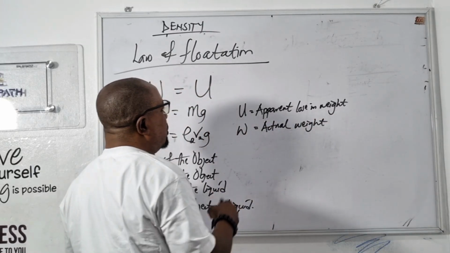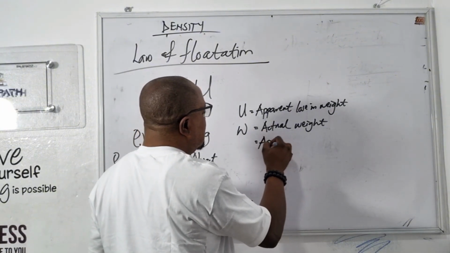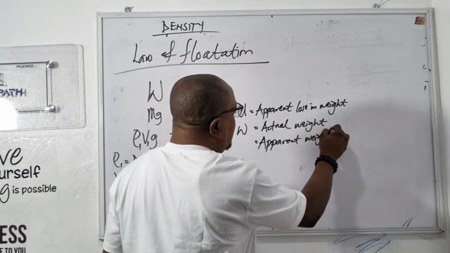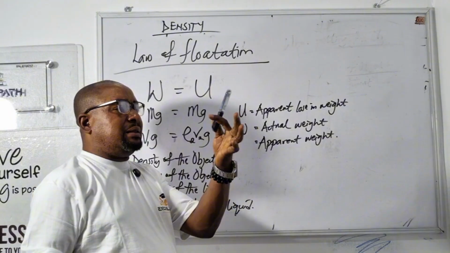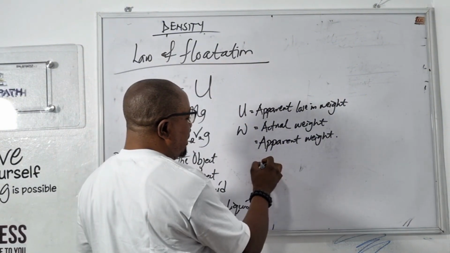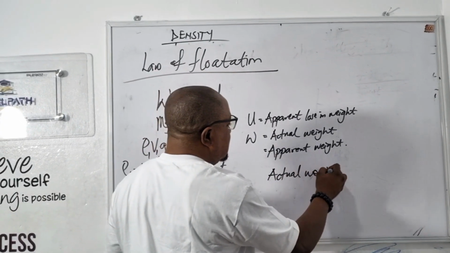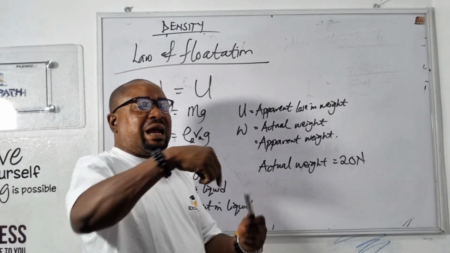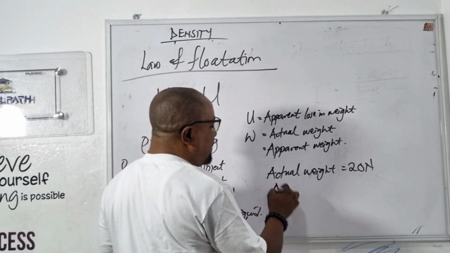Now we have a third one, which we call apparent weight. Let me explain this. If I have this marker and this marker in air weighs 20 newtons, that is my actual weight. Actual weight is 20 newtons. If I put it inside water and the weight becomes 15 newtons, that is my apparent weight.